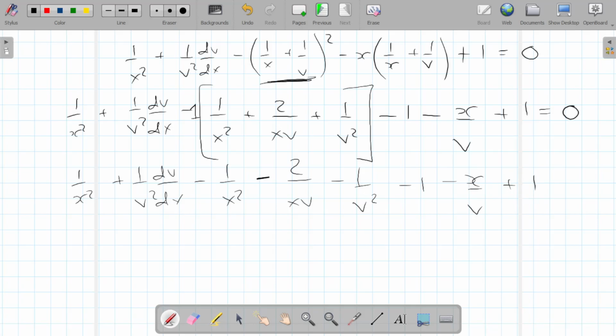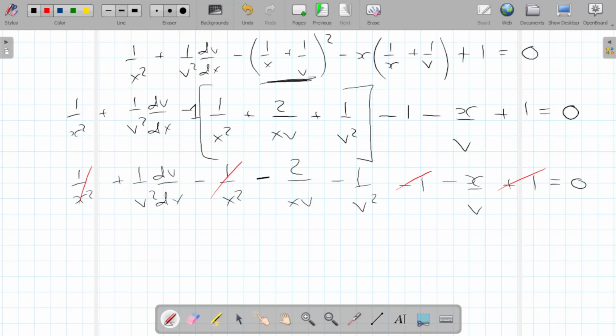plus 1 equals 0. Now, straight away, to simplify this, we can see that this cancels with that, and that cancels with that. So the 1 over x squared and the minus 1 over x squared disappear, because one's negative and one's positive, and the 1 and the minus 1 both disappear for the same reason. So what are we left with?